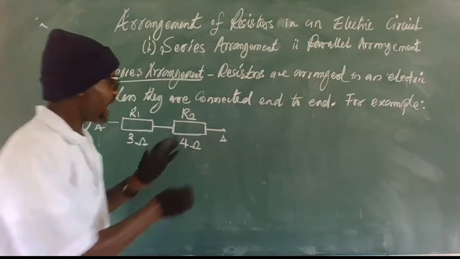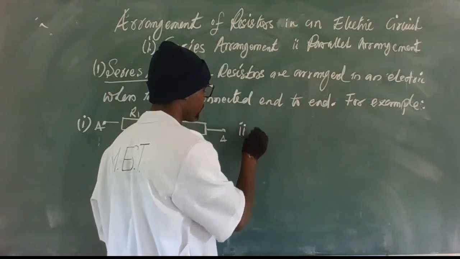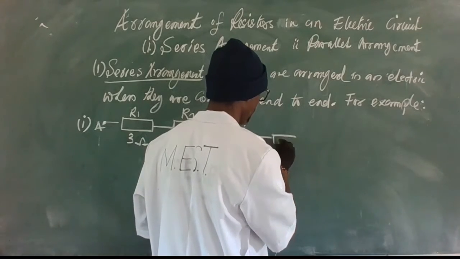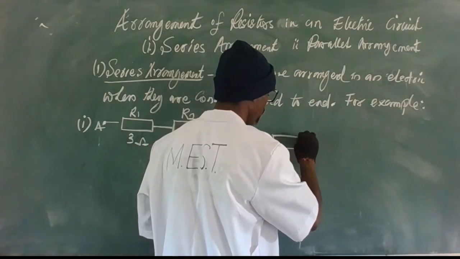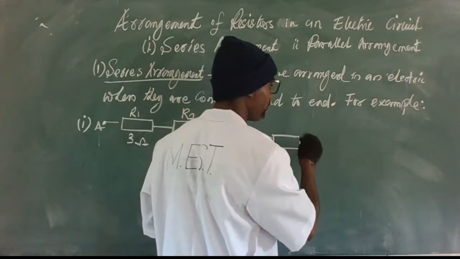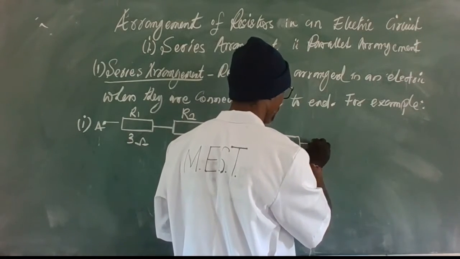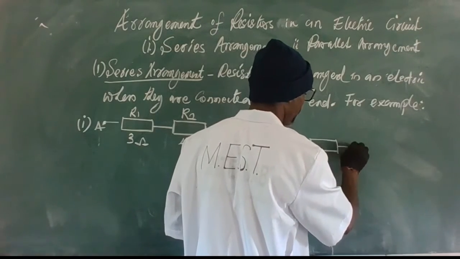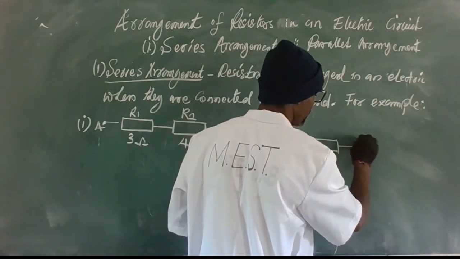Then we have another one. Maybe we have something like this. I'm just going to show 3, but in different forms. So we have another one connected in this form, and then another one connected in this form.